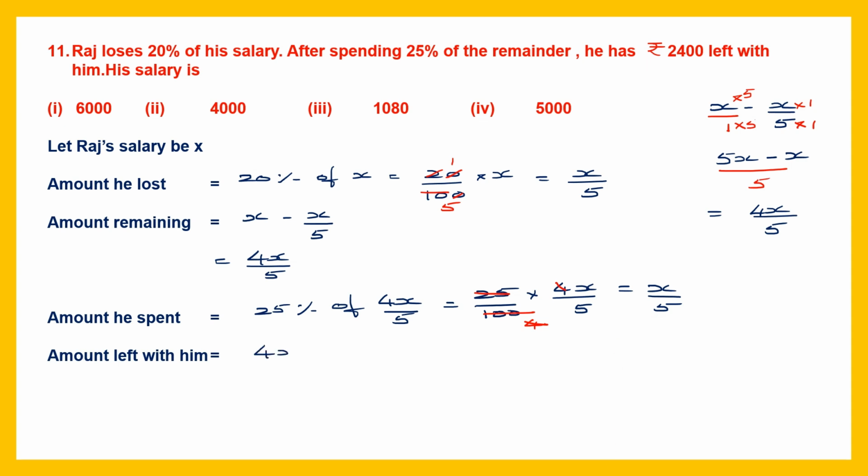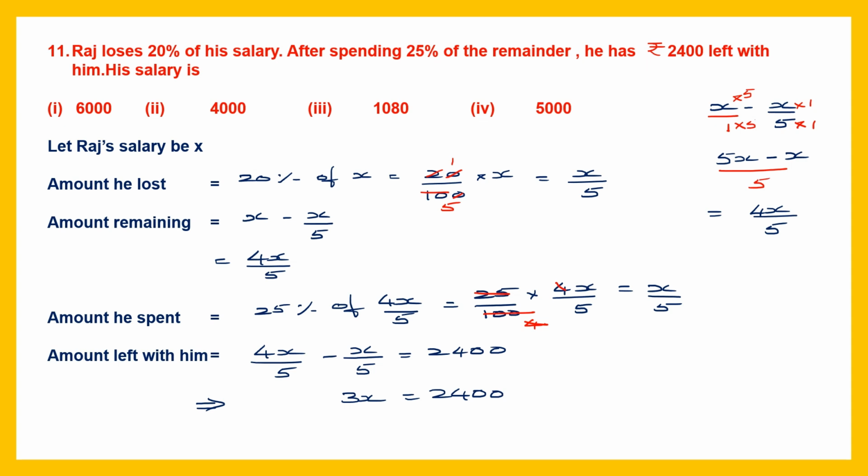So 4x by 5 minus x by 5, and we are also told that he has 2,400 rupees left with him. So this is equal to 2,400. Now let's simplify this. Since the denominators are the same, we just have to work on the numerators. 4x minus x is 3x. So 3x by 5 is equal to 2,400.